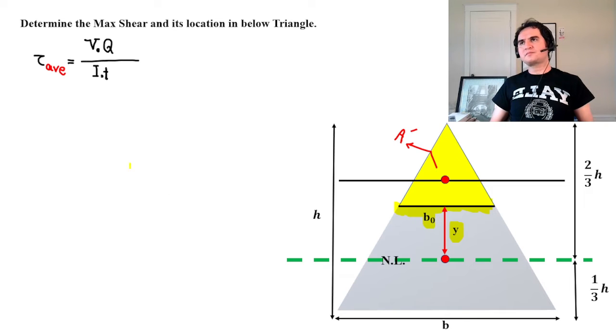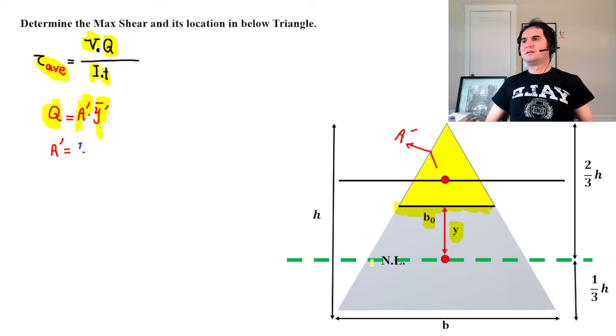Again, the formula for tau average is VQ over IT. Let's see how we can calculate tau max. Q is A prime times y bar prime.